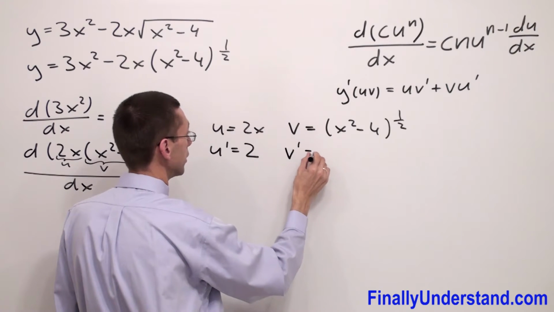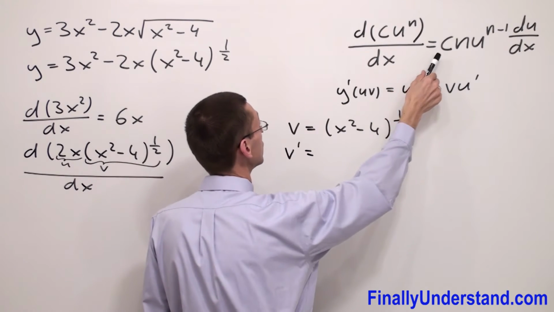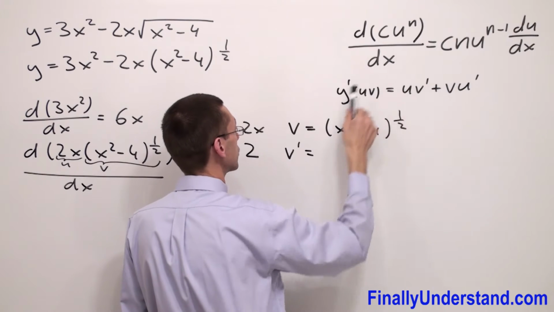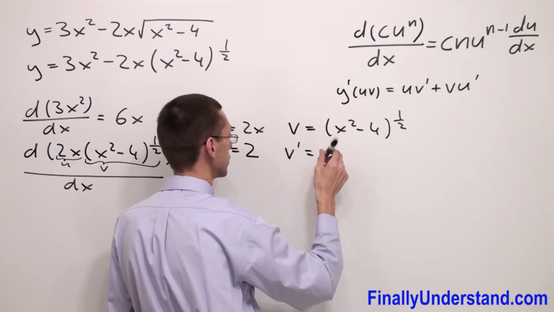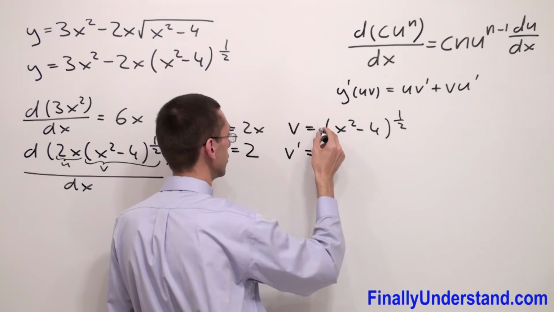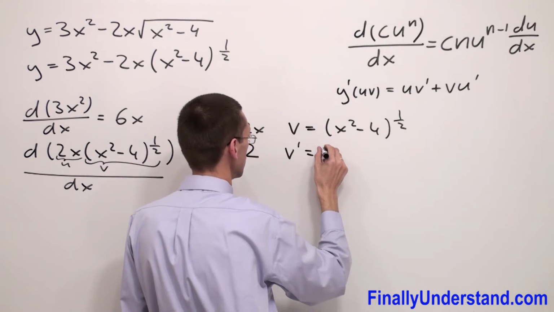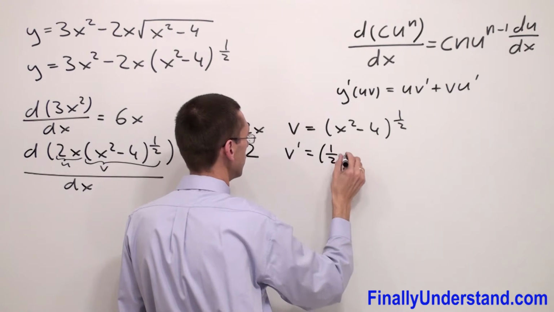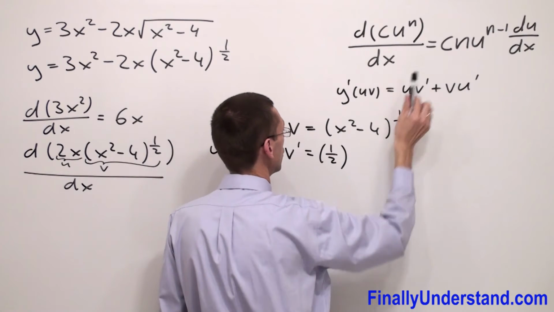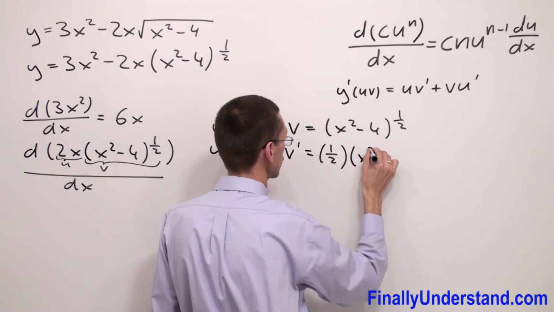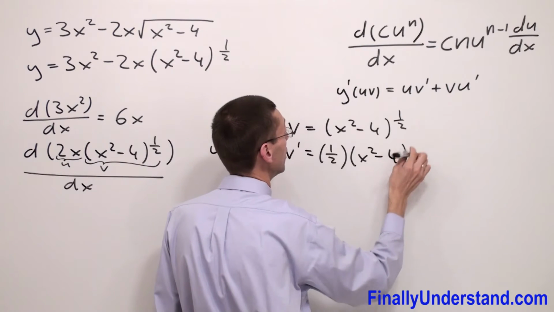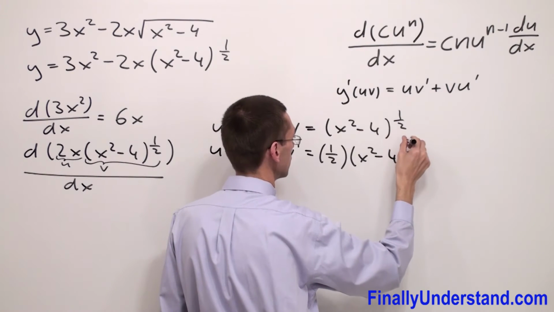Derivative of it is equal, according to this formula, because I do not have a constant, so it means that there is an invisible one. I'm not going to write it. Simply start from the exponent. So I have 1/2 times the content of the parenthesis, x squared minus 4, and subtract 1 from the exponent.